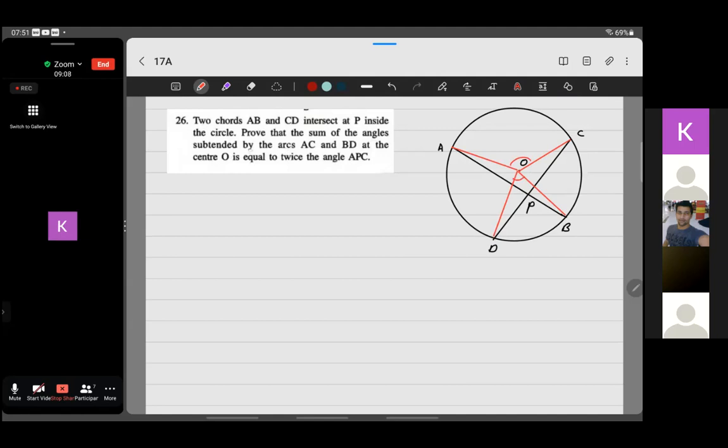Prove that the sum of the angles subtended by arc AC and BD at the center O is equal to twice of angle APC. APC का डबल होना चाहिए, ये दोनों एंगल का एडिशन. APC is not an angle at the circumference, not even an angle at the center. Remember that.